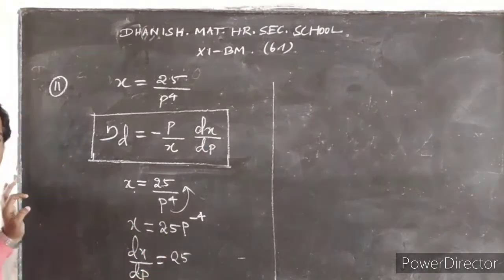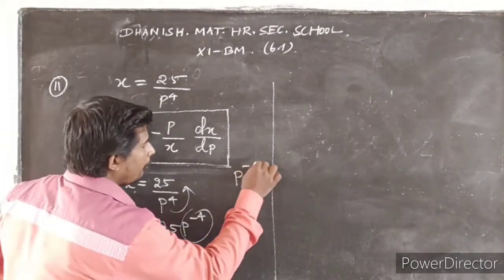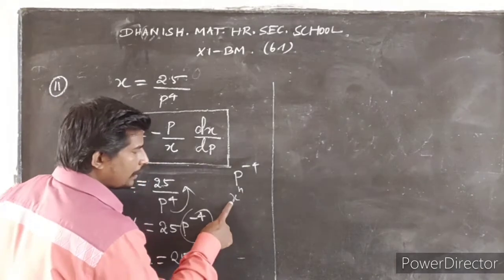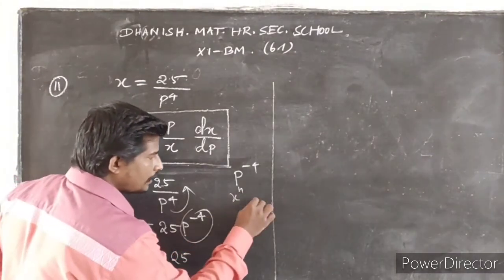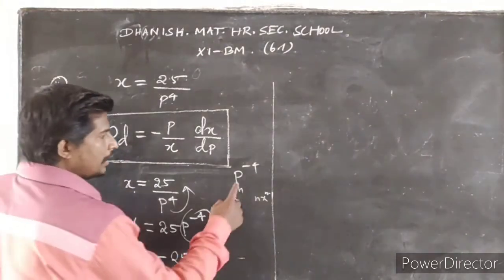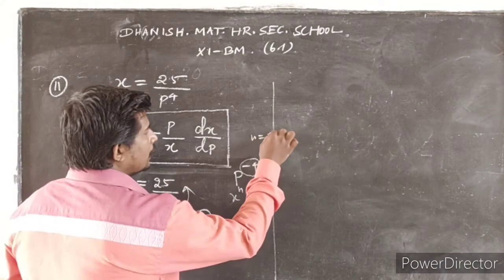25. Here we have p power minus 4, so this is of the form x power n. The derivative of x power n is n x power n minus 1. Similarly, here we have n as minus 4.